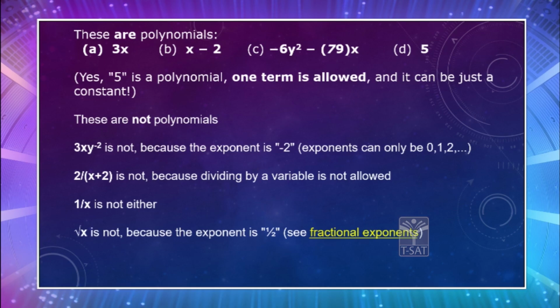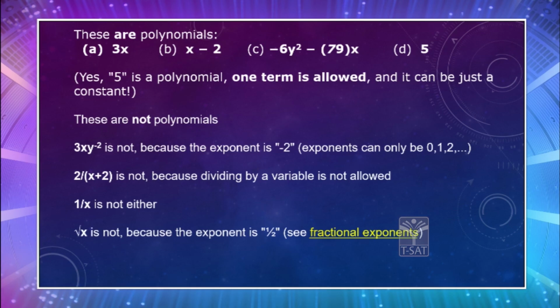Then definitely you have a doubt whether 5 is a polynomial or not. Yes, 5 is a polynomial. One term is allowed here, it can be just a constant. So, 5 can be written as 5 times x to the power of 0, correct, because x to the power of 0 is 1. Later you are going to understand it as a constant polynomial.